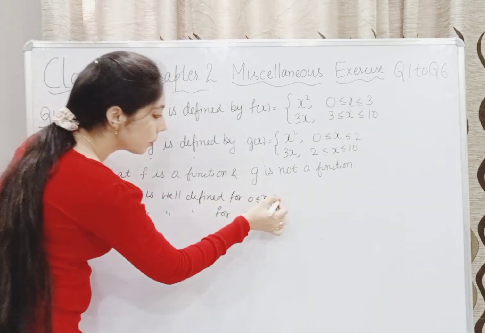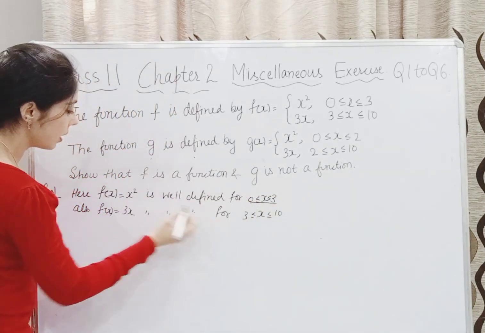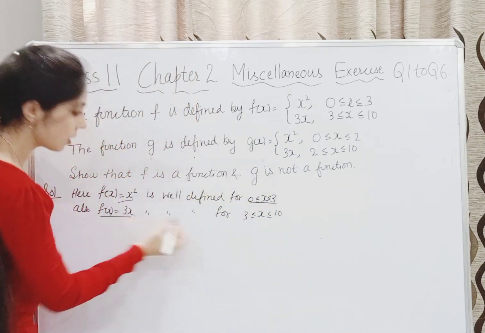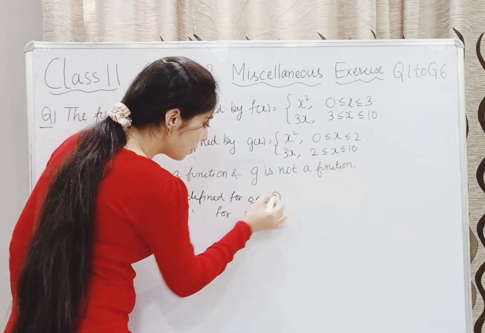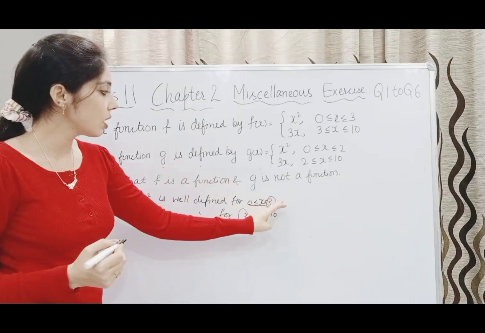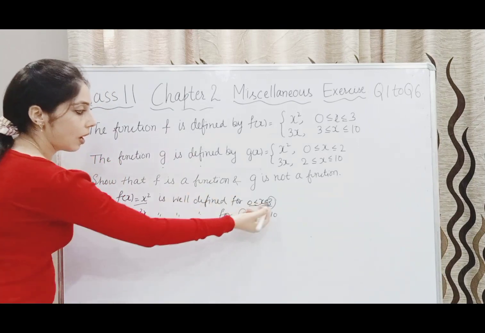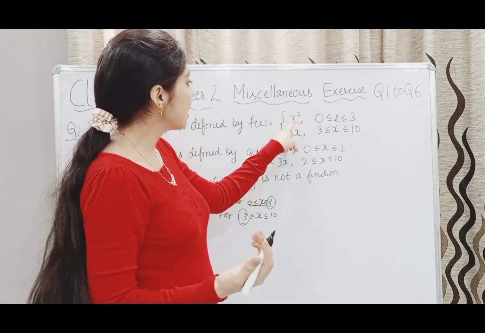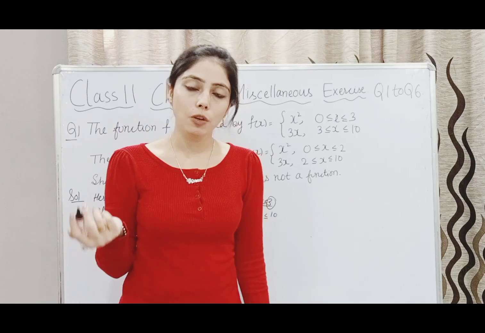You can observe that this function is defined for 0 to 3 and this function is defined for 3 to 10, so there is a breakage point. We have to check the values at x = 3. If these are equal in both cases, then this is a function. Otherwise, this will not be a function.